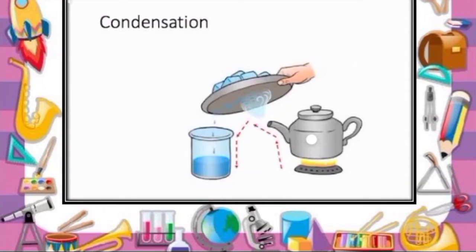Condensation is the process by which water vapor in the air is changed into liquid water. In other words, the water in the air is a gas known as water vapor. You can also think of condensation as the opposite of evaporation, or the process of liquid turning into a gas.